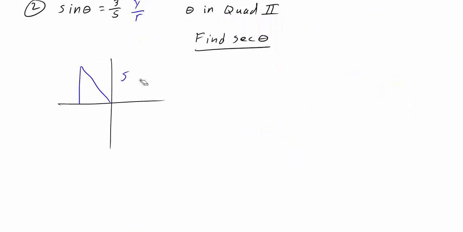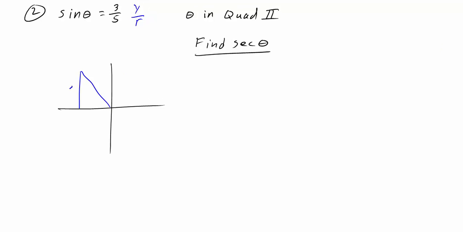So for this one, that means we can eliminate here, and we know that the y value is a positive 3. We know the r value is always positive, so that is 5. And then if we want to find the x, again, I would go ahead and mention this. We know it's got to be negative because it's going to the left. So therefore, if we use x squared plus 3 squared equals 5 squared, we get x squared plus 9 equals 25.